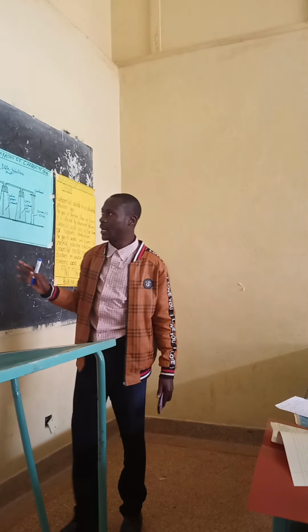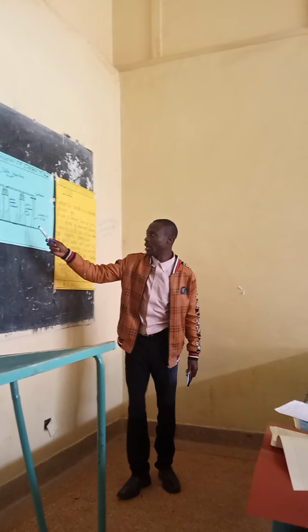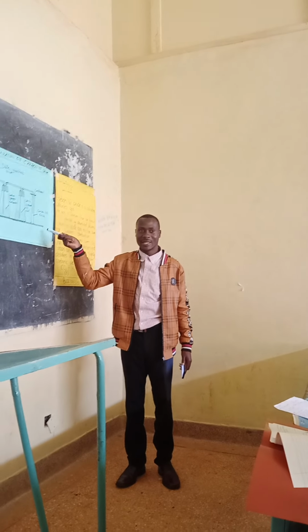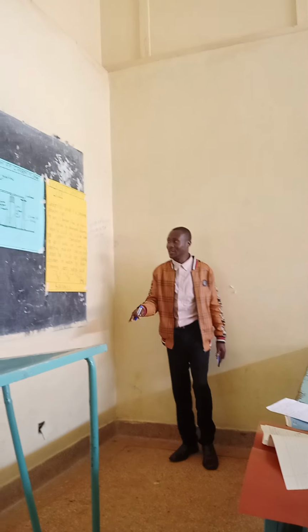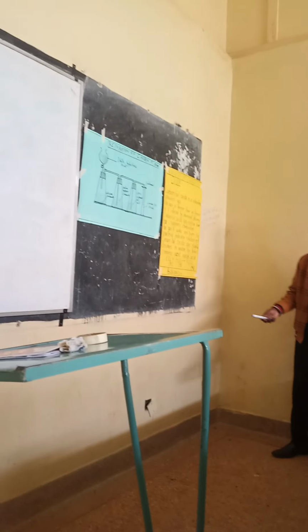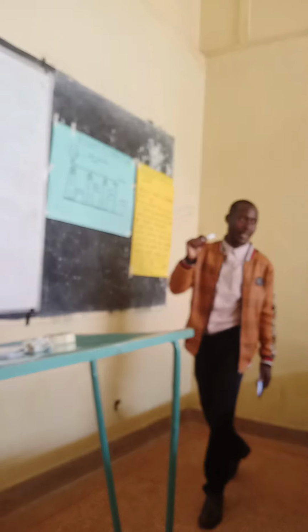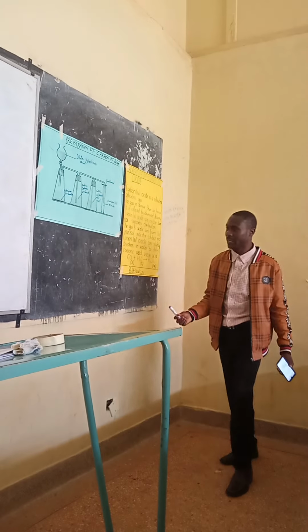And then this gas is denser than air. That is why we are collecting it using downward delivery, or sometimes we refer to it as upward displacement of air. And then this gas is acidic in nature. Why is it acidic?